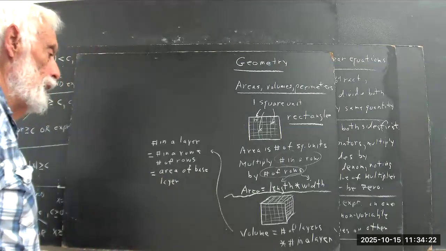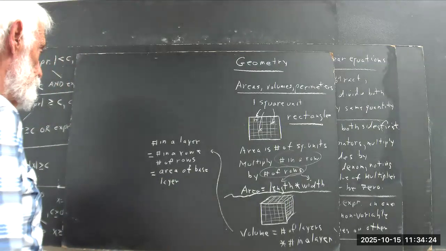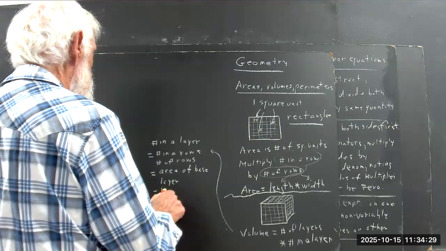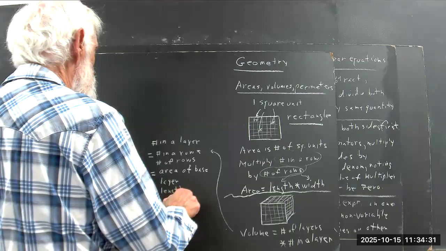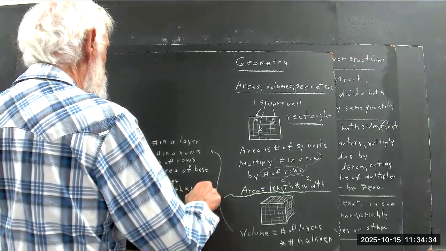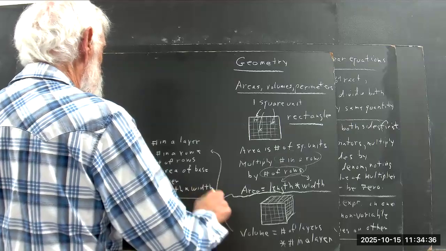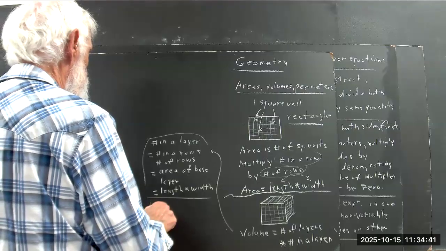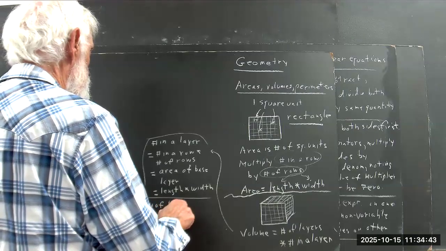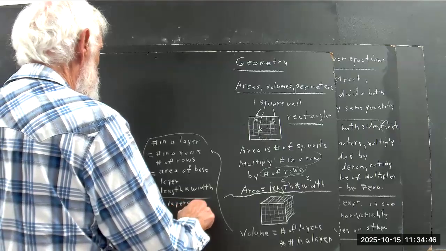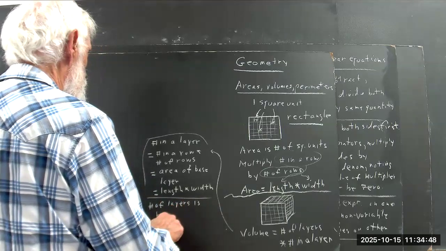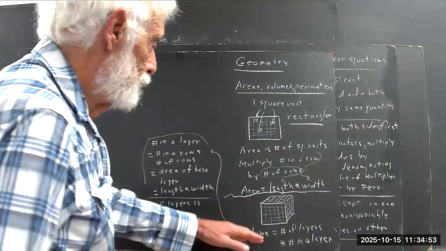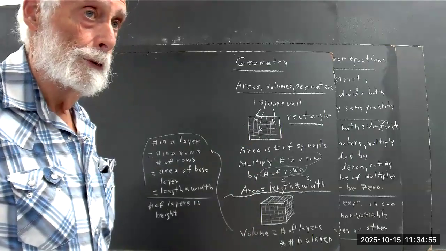Say it's the area of the base layer, which equals length times width. Number of layers corresponds to the height. Got 6 layers here, so think 6 units high.